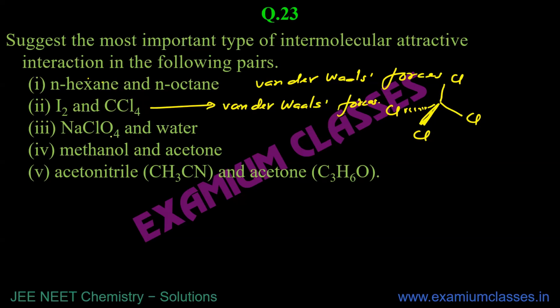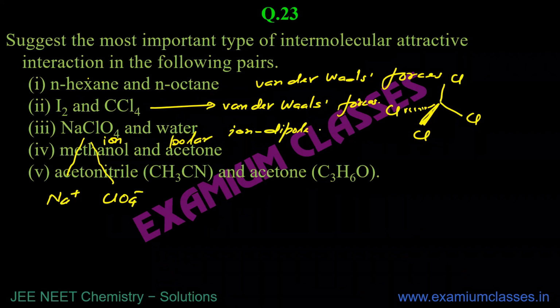Then NaClO4 and water. This one is straightforward, very easy, because NaClO4 will get ionized into Na plus and ClO4 minus, so here it is an ion. And water is a polar molecule. So here it is ion-dipole forces. One is ionic, the other one is dipole.